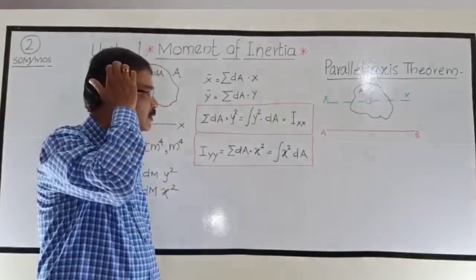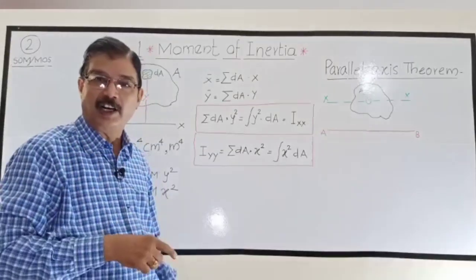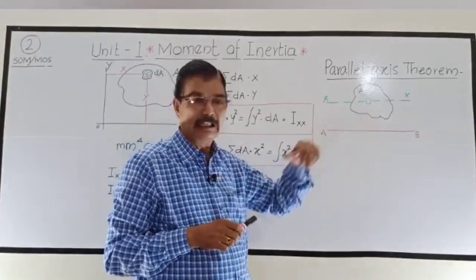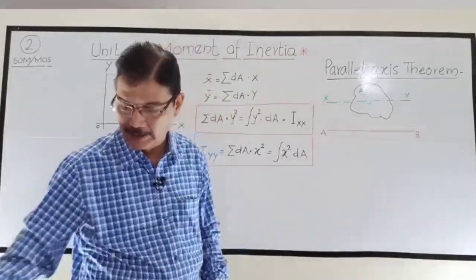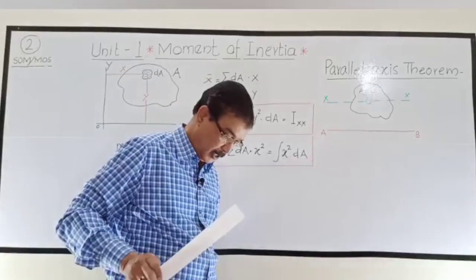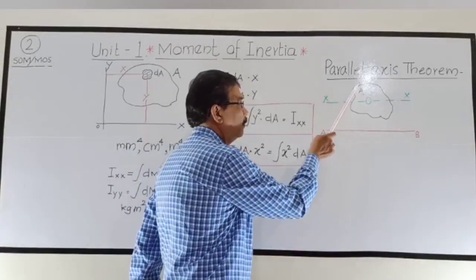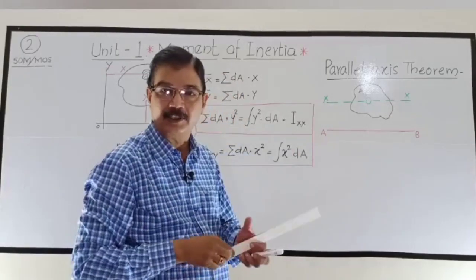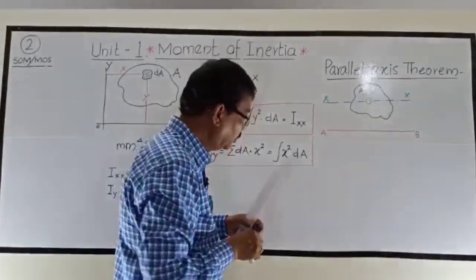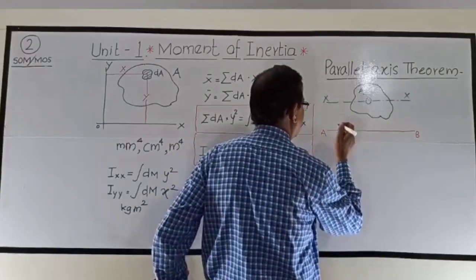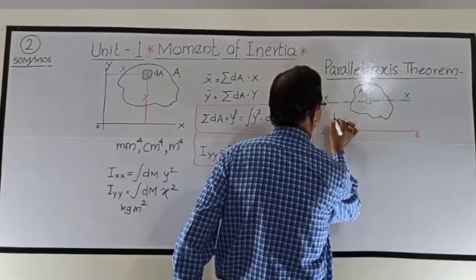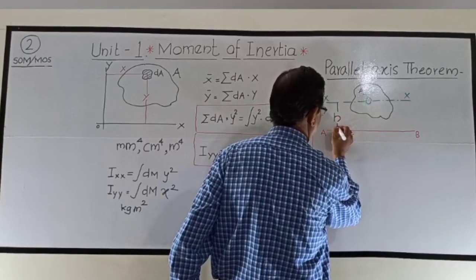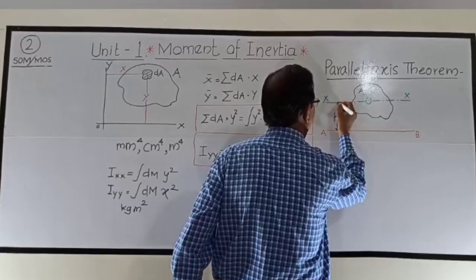What is the x-axis? It is the horizontal centroidal axis of the area. AB is another axis. How is axis AB? AB is lying in the same plane and it is parallel to the x-axis. Let us say that this axis AB is at a distance H, like this.